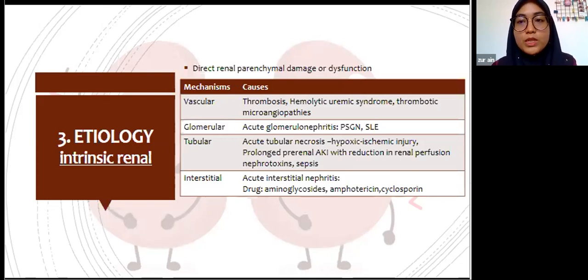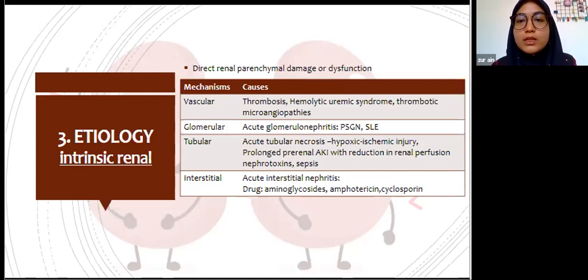And then for tubular, this is the same as vascular, where the common etiology is ischemia. For example, prolonged pre-renal AKI with reduction in renal perfusion leading to ischemia, or it could be a nephrotoxin, for example antibiotics, chemotherapy, or contrast agents that affect the tubule directly, or sepsis due to reduced perfusion and then ischemia.